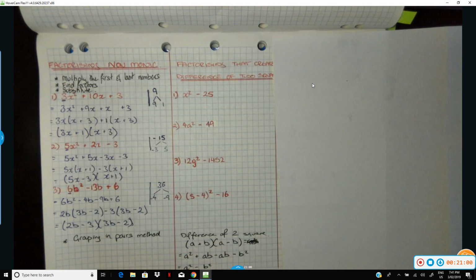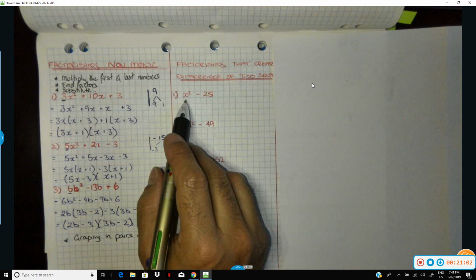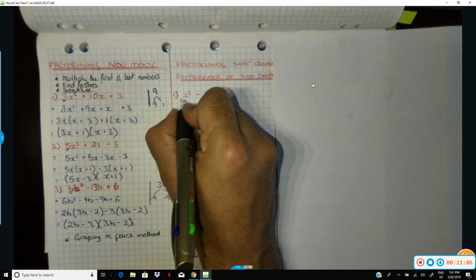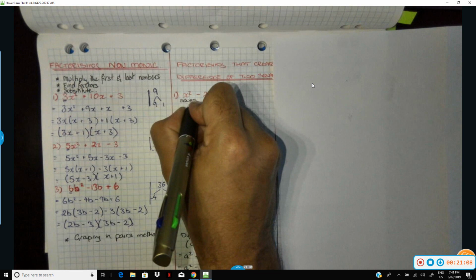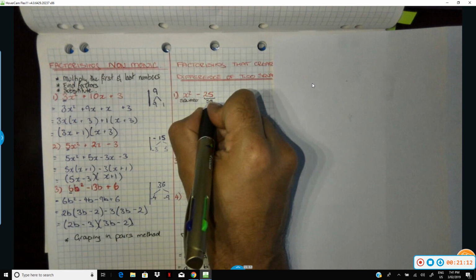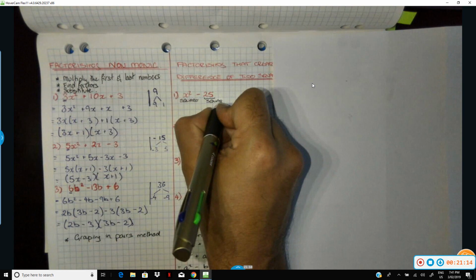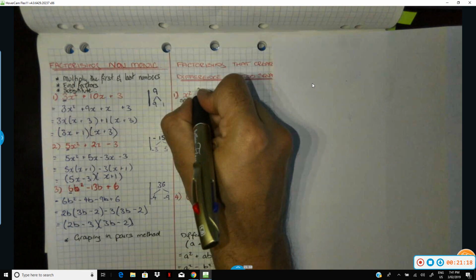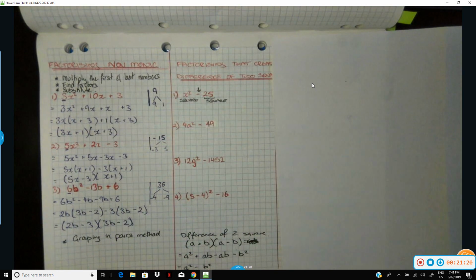Okay, and so if I know that, I can see that this is a square number, so this is a square, and this is a square. And more importantly, that's a negative sign.